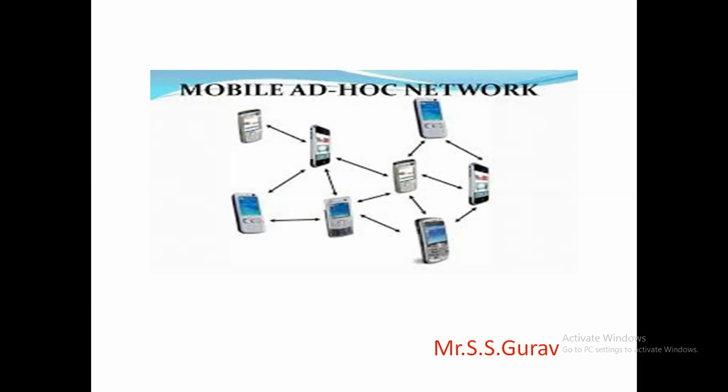As I said, it is ad hoc. We don't need any setup for a mobile network. For other networks you need a tower or certain infrastructure to be installed, but here infrastructure is not necessary.